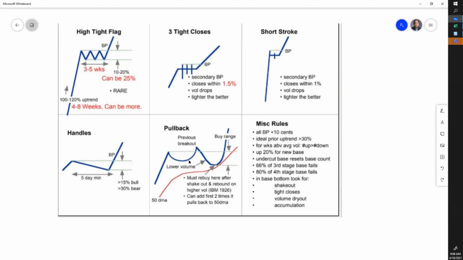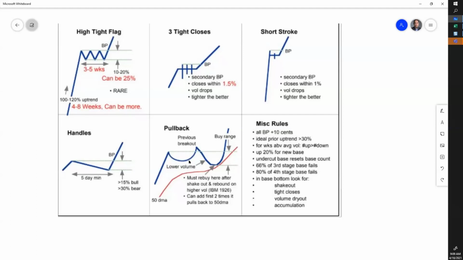And then they have yung mga caveats on base structures kung saan pag nasa mga third or fourth base ka na, kasi as bull markets mature, as trends mature, while we're still going to be able to spot and scan mga base transitions na ito, there is an increasing probability that by the time you're on your third or fourth base structures, meron ka ng higher tendency to see these base structures fail.